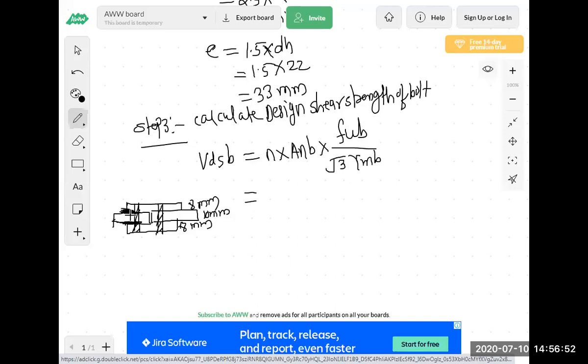This dark portion is indicating the planes. So this is the first plane and this is the second plane. So here N is 2. Are you getting? Everyone, please be with me. Why this 2? Because two shear planes are there. The bolt will fail in 2 portions, this is one portion and this is the second portion.